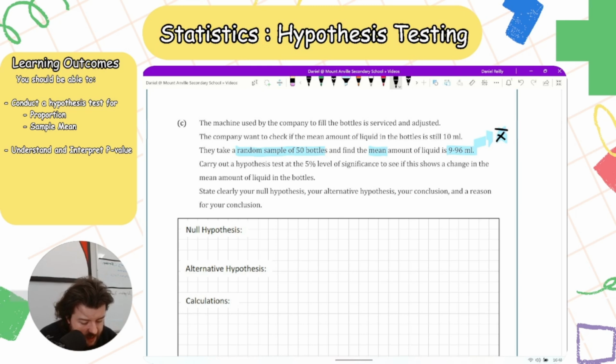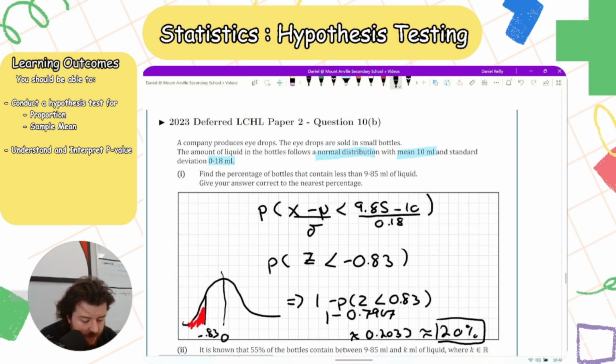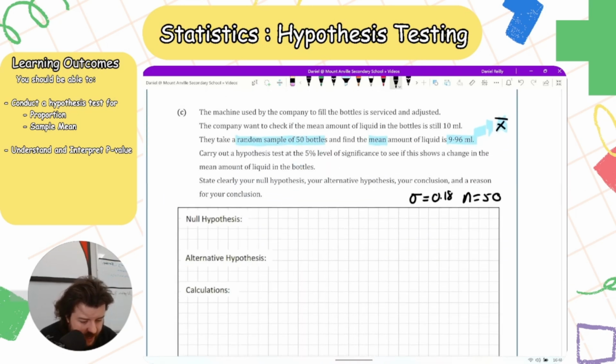And it's still 10. And then a random 50 bottles, so n is equal to 50. Now, I still need my standard deviation, but luckily, my standard deviation is up here, 0.18.